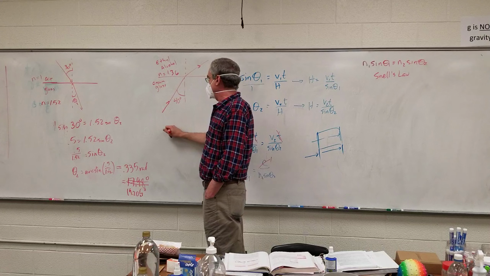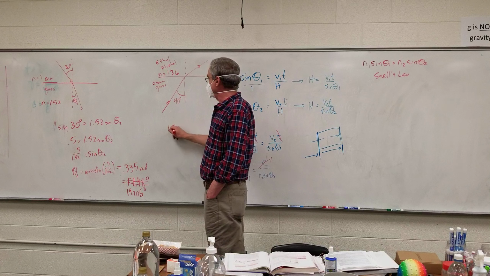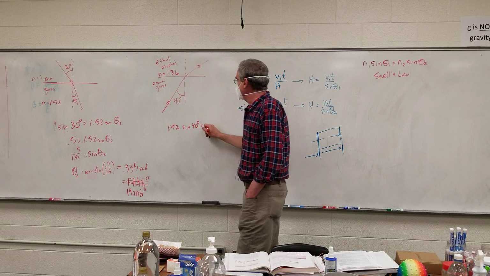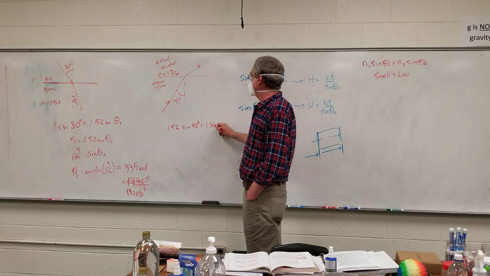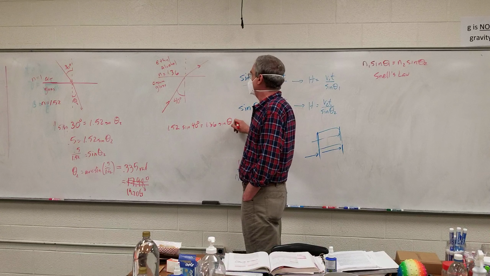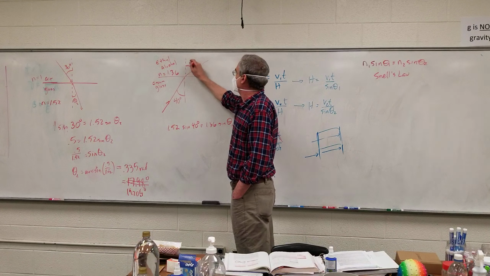And so it is 1.52 times the sine of 40 degrees is equal to 1.36 times the sine of theta 1, 2, whatever. What do we call this? Theta 3.